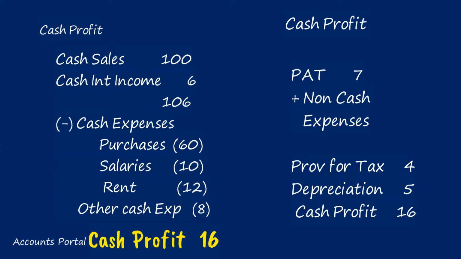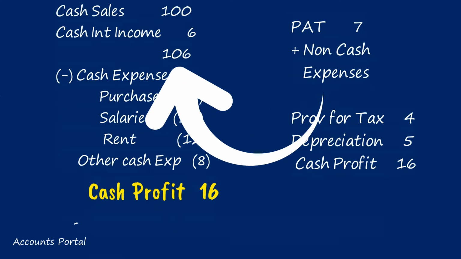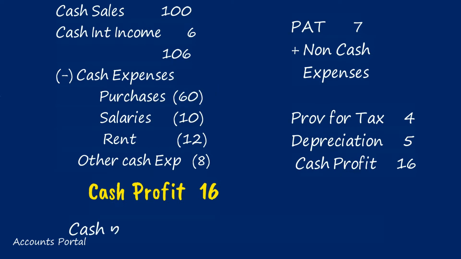Suppose you invested in fixed deposits and in return, you're getting interest. That's not your business. That's your investing activity. So, this cash income, 106 lakhs, no doubt, it's cash, but it does not relate to operating activity. So, what should we do?